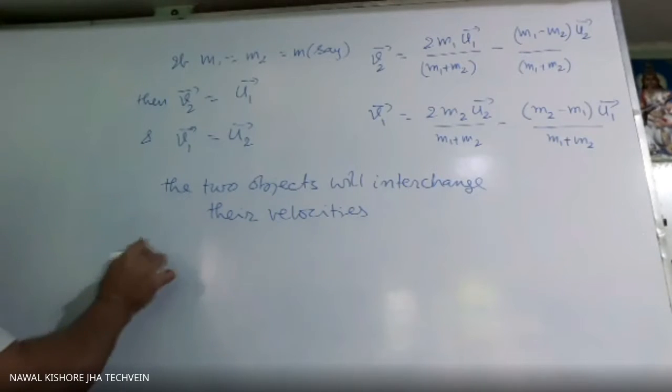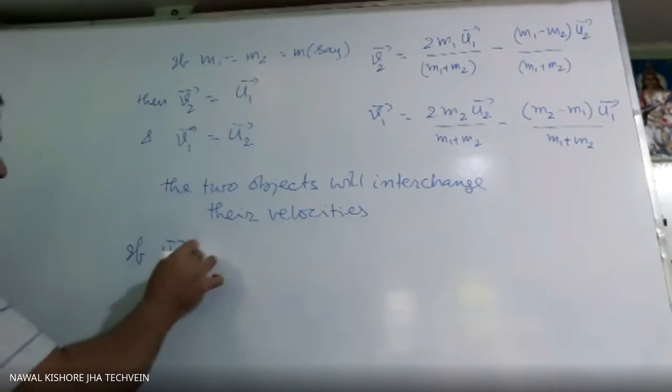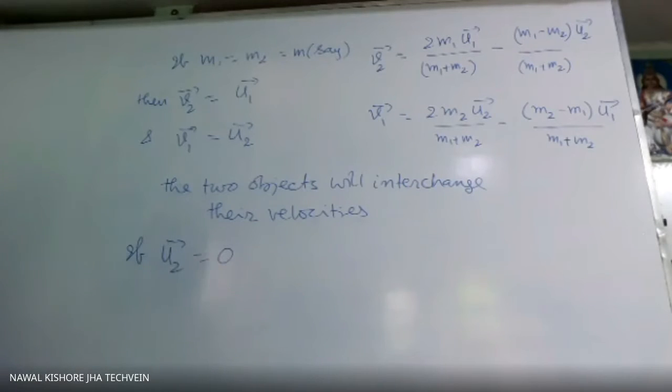Now, if U2 is 0, if the velocity of the second object is 0, what will be?